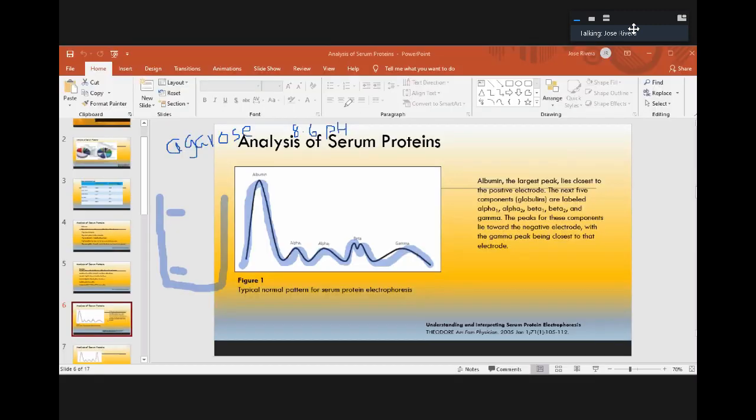By running the gel and looking at it this way, this would be a normal person, and then you can compare to a patient.